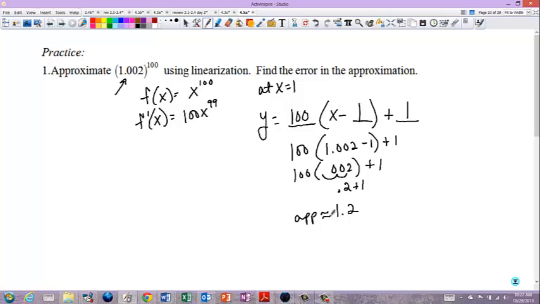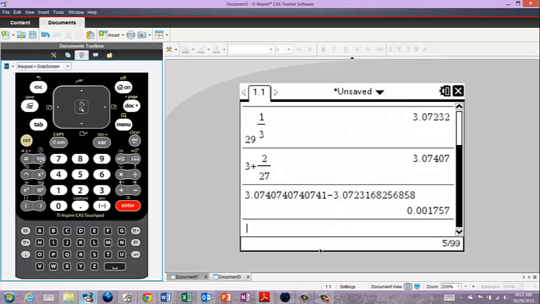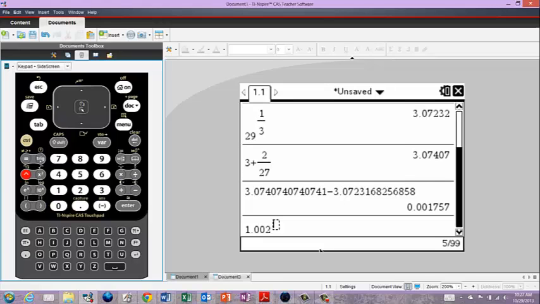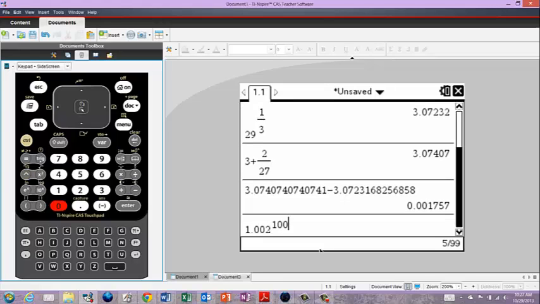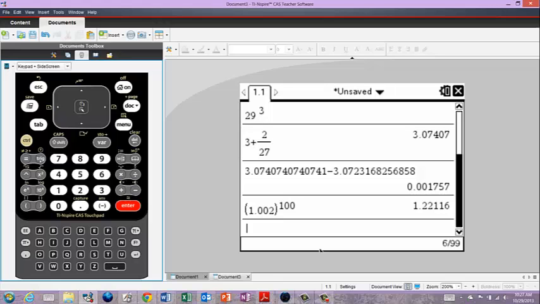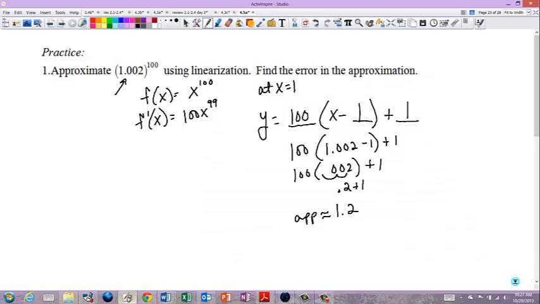And then to find out my actual, I would do 1.002 to the 100th. So I get 1.2216. So my actual minus my approximation. My actual is 1.2216.